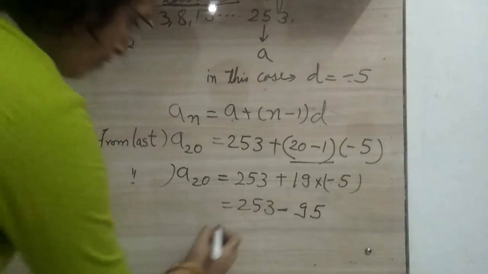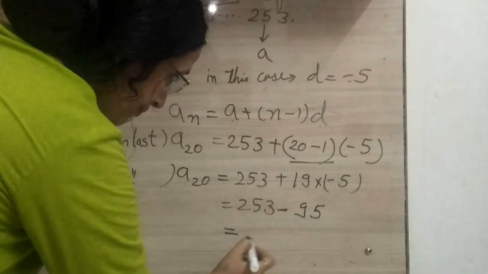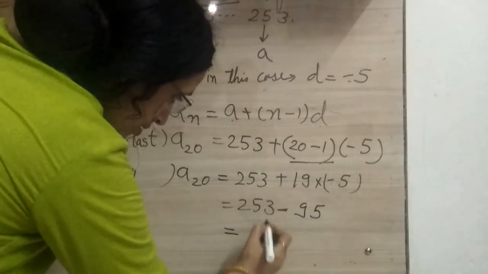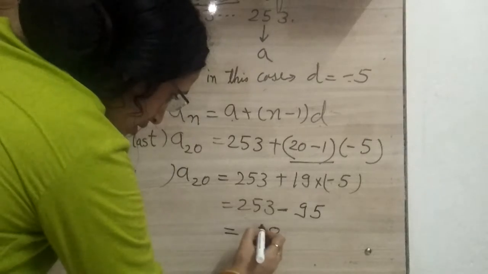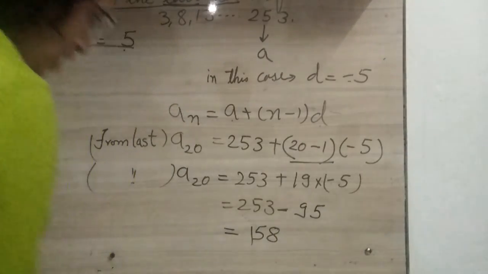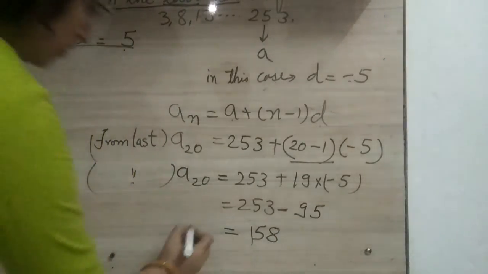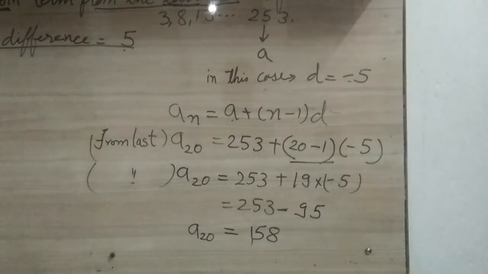Okay. Now we will subtract, so what it will become? It will be 158. Okay, so 20th term from last will be 158.